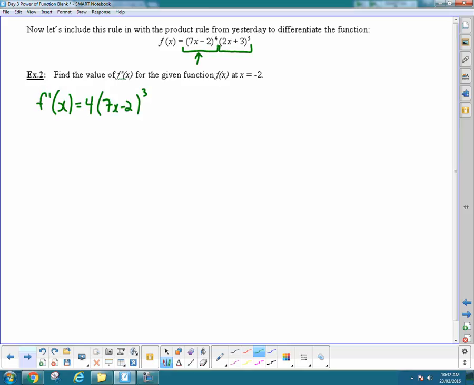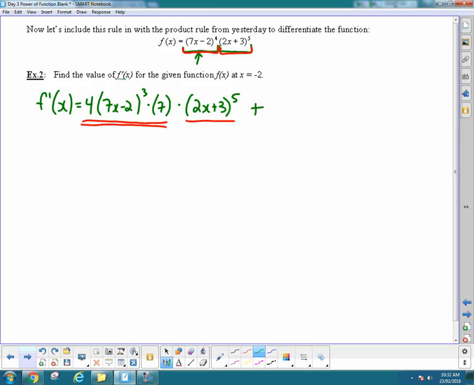I just do it as is. Then I have to differentiate the inside, which is 7. And all of that is simply the first step in the product rule, derivative of the first. Now it's times the second, and the second is written as is. So there's the derivative of the first right here times the second right here.